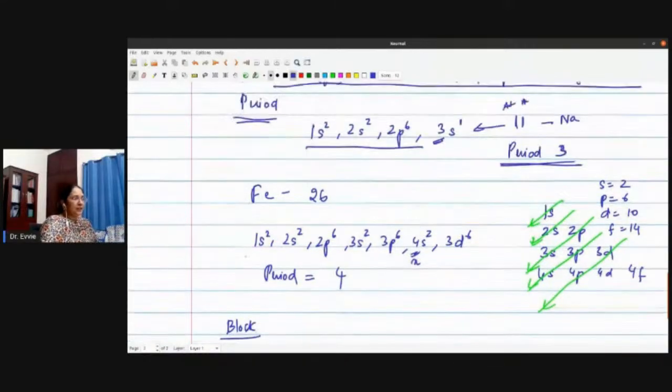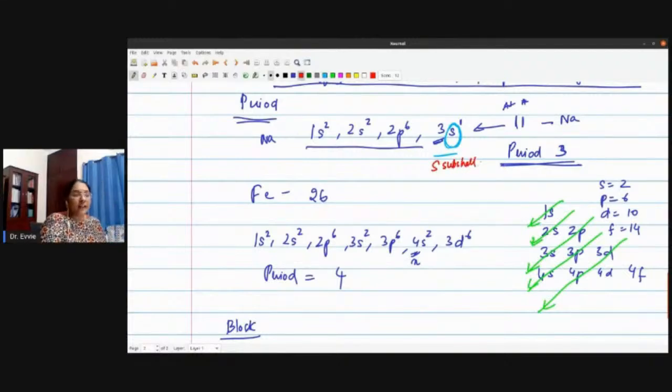Now I'll give you the same example. In the first example, where we spoke about sodium, where does the last electron enter? It enters the third period, third shell, and the electron enters the S subshell.